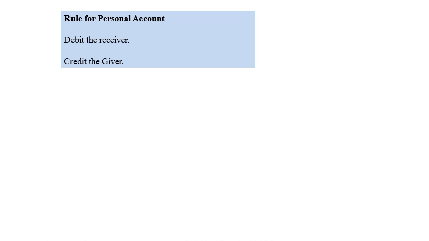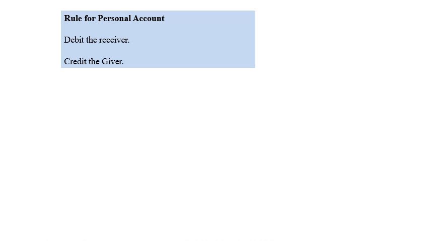Here, purchase account debit to Mr. Y account. Y is the giver, so that is why we are crediting the account of Y, because he is the giver of the goods. So whenever a person is the giver, then that account will be credited.